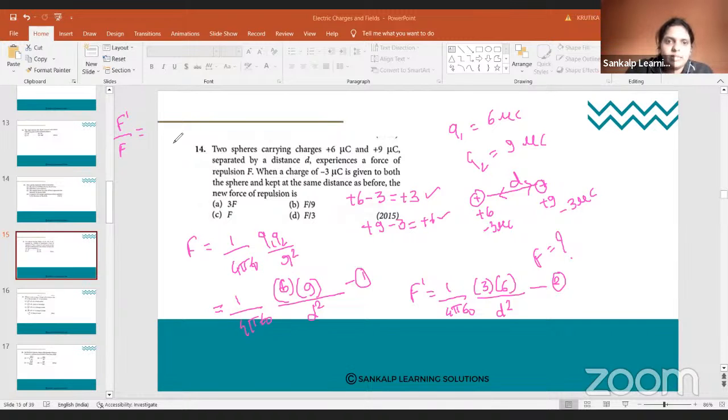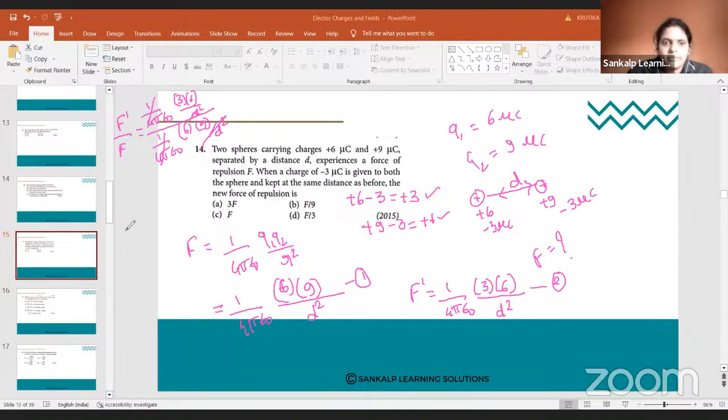What is F dash? 1 upon 4 pi epsilon naught into 3 into 6 divided by d square, whole divided by F value, 1 upon 4 pi epsilon naught 6 into 9 divided by d square. So 1 upon 4 pi epsilon naught cancels, d square also cancels.